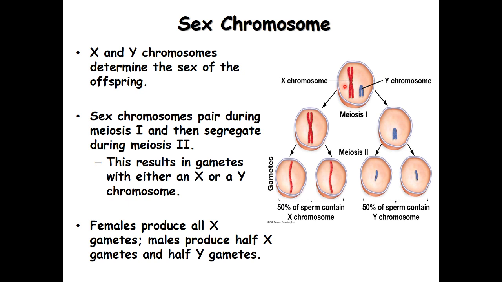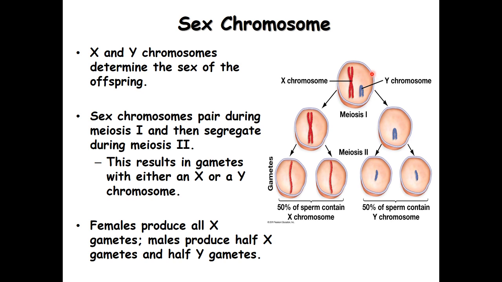So if you look at the sex chromosomes, this is showing you the germ cell of a male with the X and Y, right? So even though the X and Y chromosomes do not look anything alike, they are considered homologous because those are the ones that determine sex, okay?